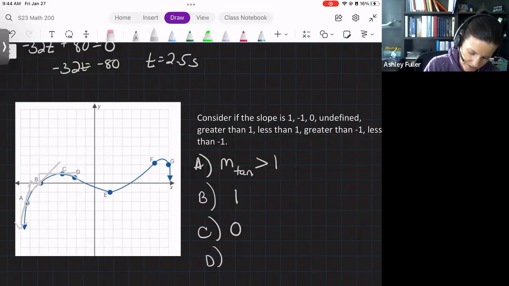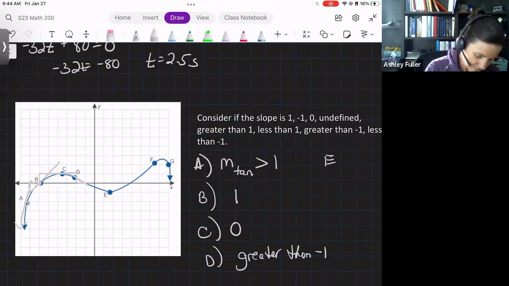D, if I draw the tangent line, again, it's negative, and it is going to be slightly greater than -1, so closer to 0. If we look at E, E again is a place where it's sort of changing directions. So at E, the slope is 0.